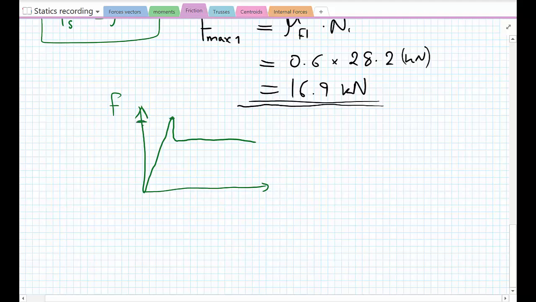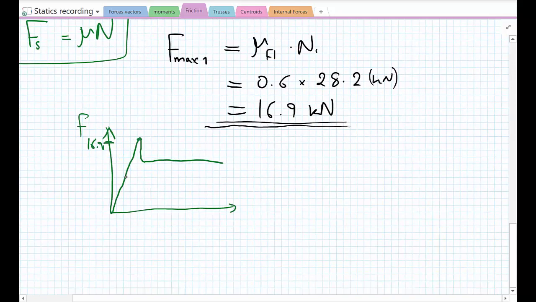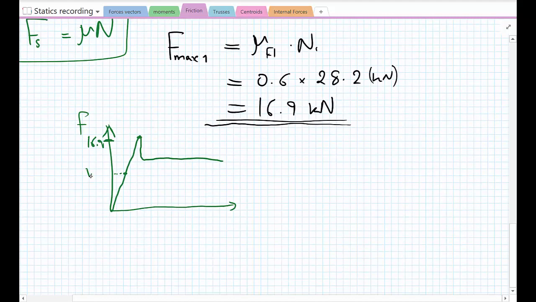Our Fs value here is calculated at 16.9, but we've only managed to get ourselves up to a value here of 10.26. So we're at a point where we haven't quite reached this maximum friction level, and therefore we're not sliding. And so we can, therefore, say block 1 is not sliding.